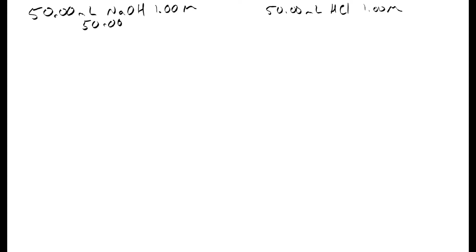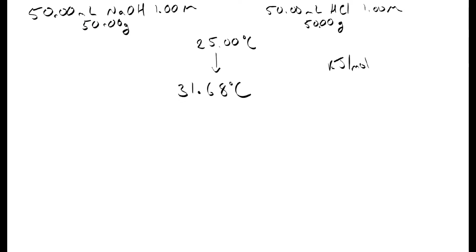Each one weighs 50 grams, and they are at room temperature, 25 degrees Celsius. You mix these together, the final temperature is 31.68 degrees Celsius. How much energy in kilojoules per mole is released by this reaction?